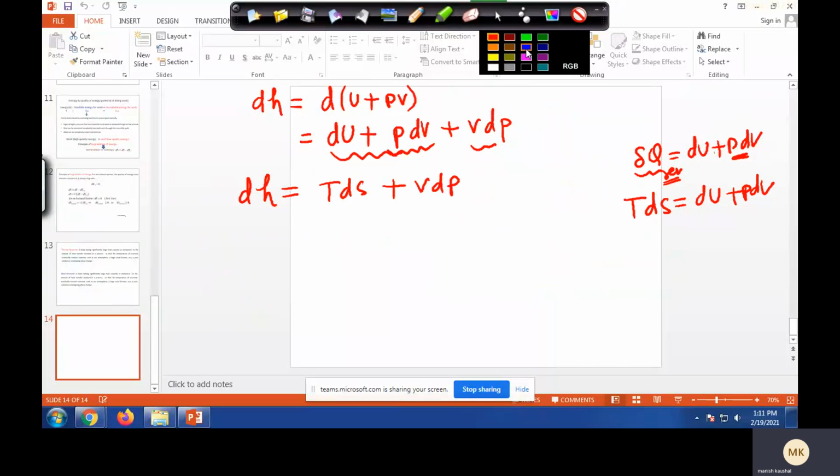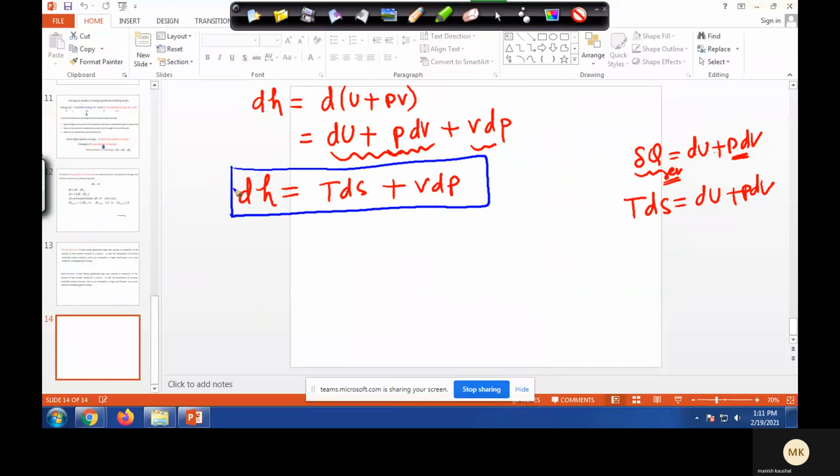Now see how this relation will help again to get another Maxwell relation. H is a state function, so dH is an exact differential. If dH is an exact differential, then this is our M and this is our N. What is going to be true?